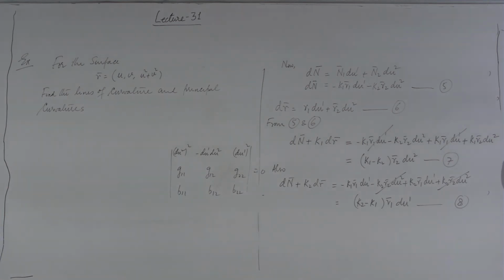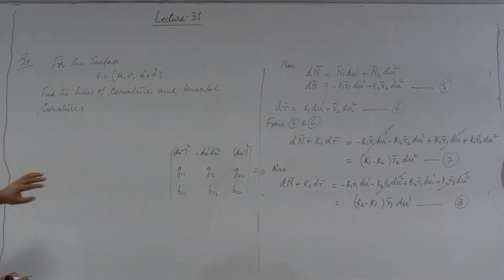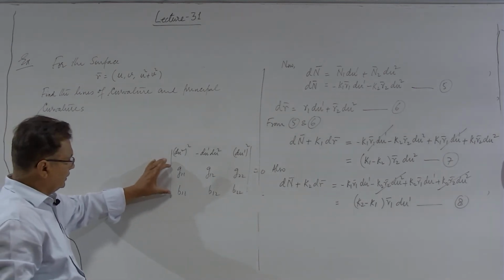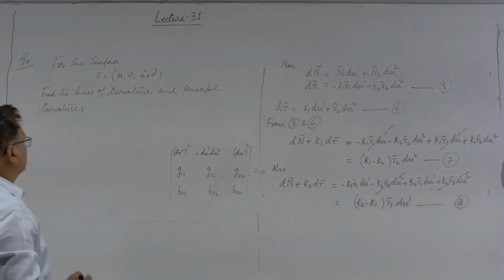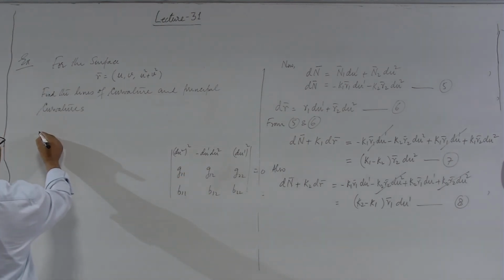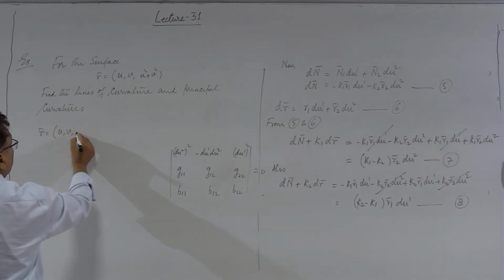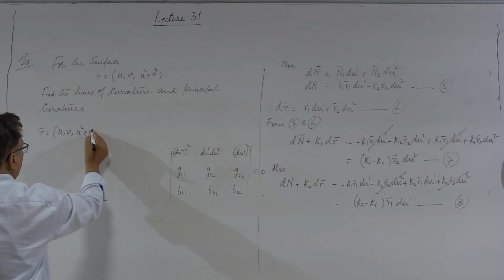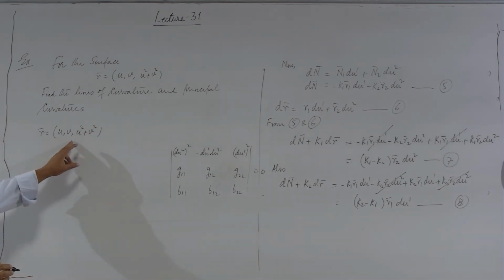So, first we work out the differential equation that describes the lines of curvature. What you need to do is find out the Gij's and the Bij's. So, for the given surface r equal to (u, v, u square plus v square), the parameters of the surface are u and v.